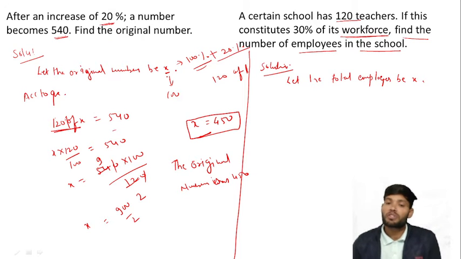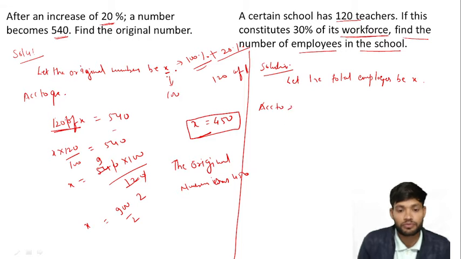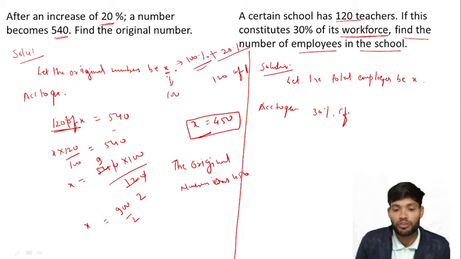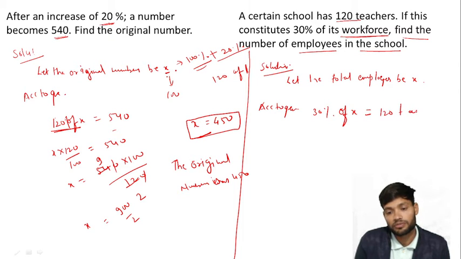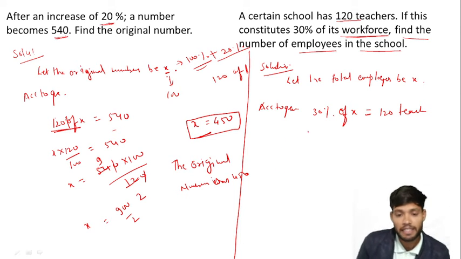According to the question, 30% of x is equal to 120 teachers. It means x into 30 by 100 is equal to 120.